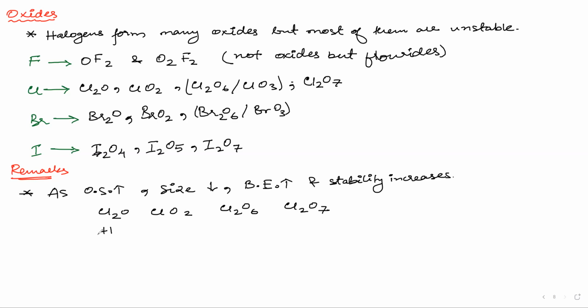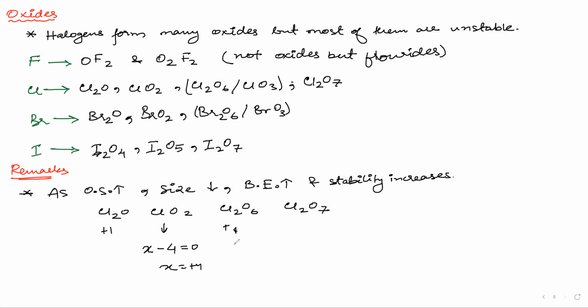In Cl2O it is +1, correct? Here in ClO2, X minus 4 is equal to 0, so X is equal to +4.